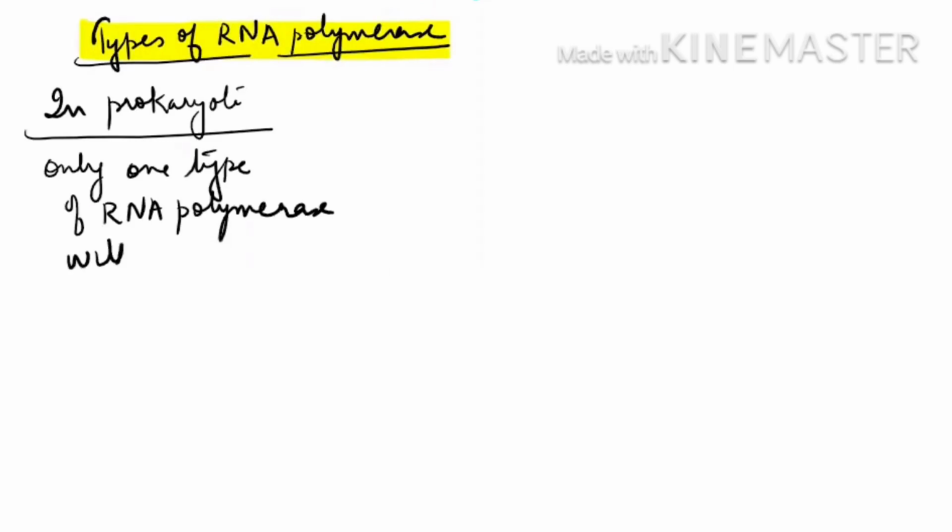Now, when we are discussing the enzyme, then we should know how many types of RNA polymerase are there. Now, see, in case of prokaryote, only one type of RNA polymerase is there. In case of prokaryotes, only one type of RNA polymerase will prepare all the three types of RNA.